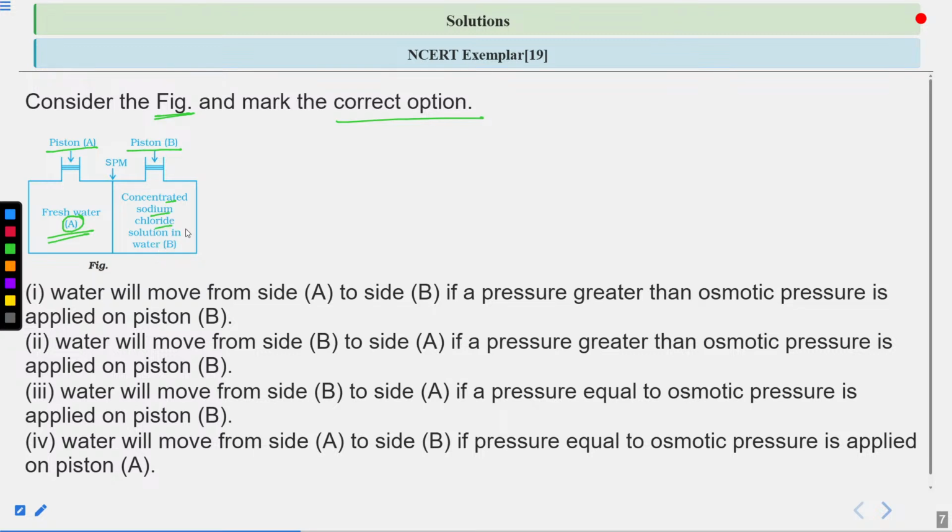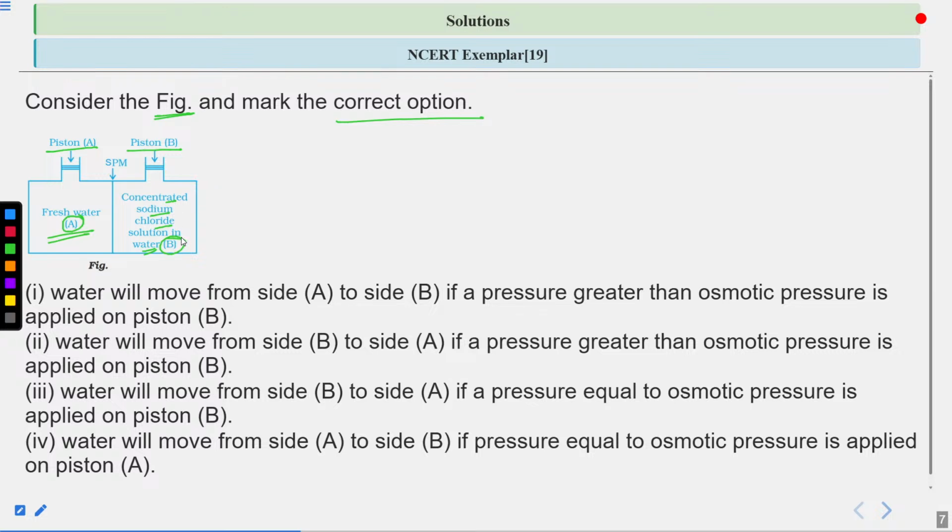That means the solute is concentrated NaCl and the solvent is water in container B.